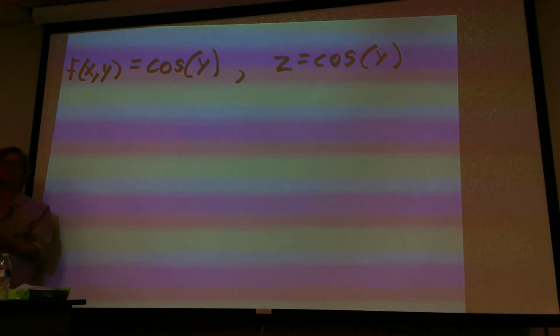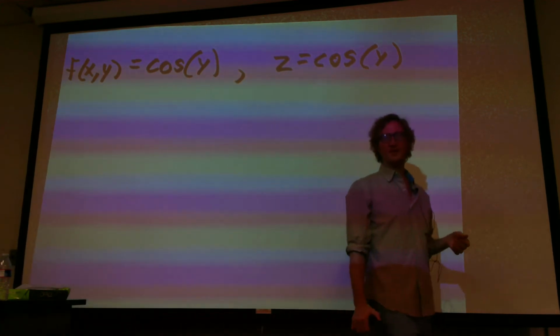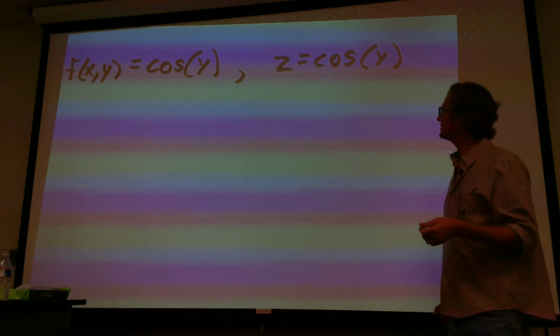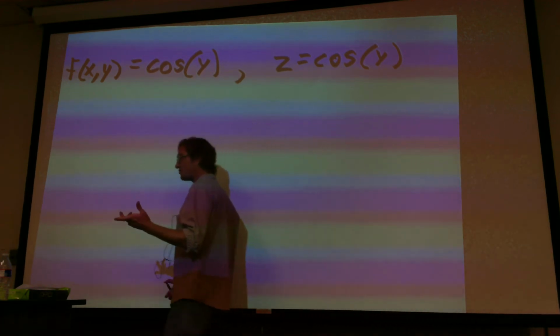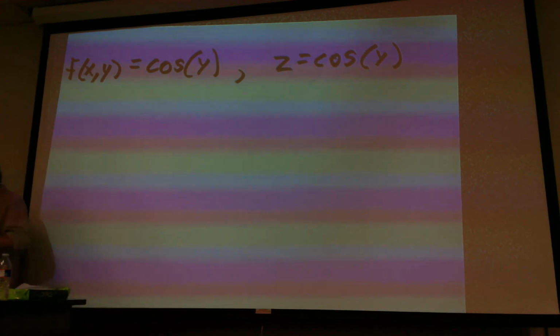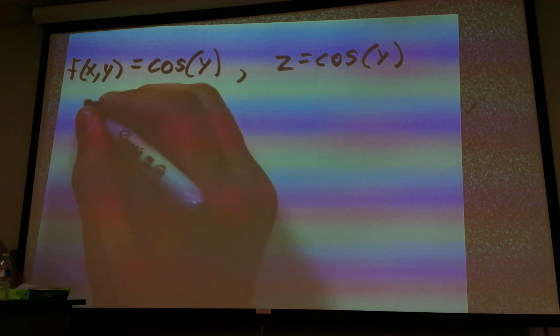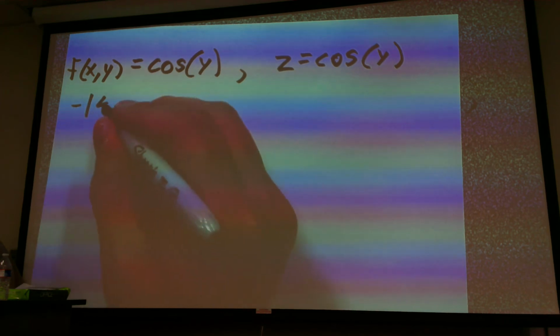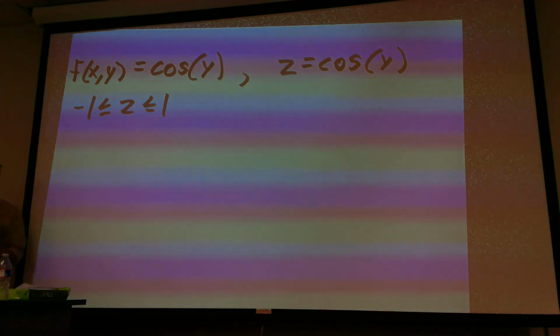Now, when we were thinking about these problems, one of the first things you want to think about is what are really the boundaries corresponding with z, okay? Because z equals cosine of y, we know that the range is that -1 is going to be less than or equal to z, which is going to be less than or equal to 1. Okay?